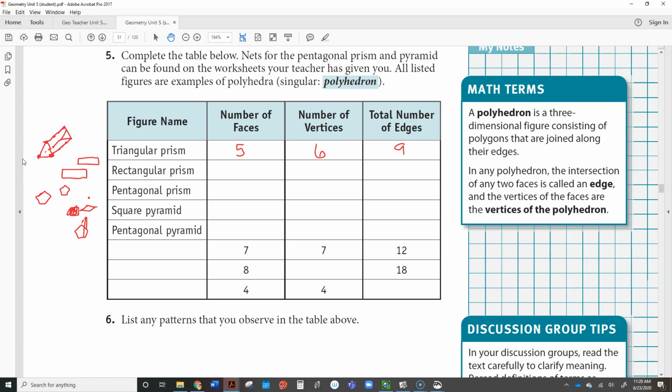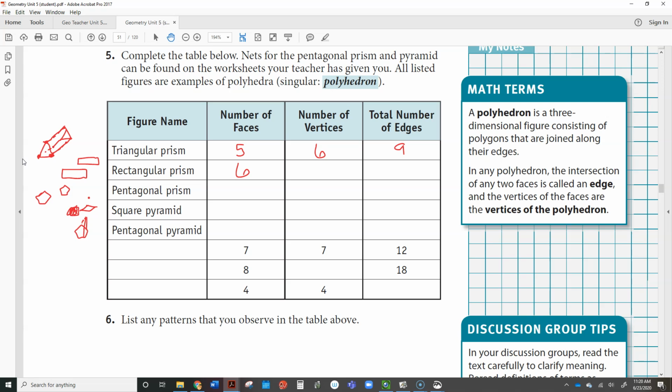A rectangular prism: I've got the 2 rectangles, so I'm going to have those 2 bases, and each base has 4 sides. So I'm going to have 4, 5, 6 faces. The number of vertices, each one of these rectangles has 4.